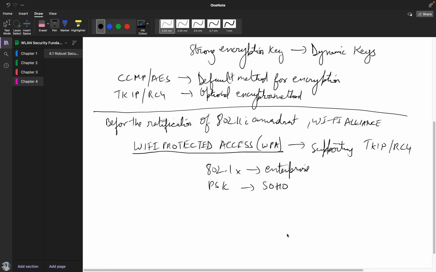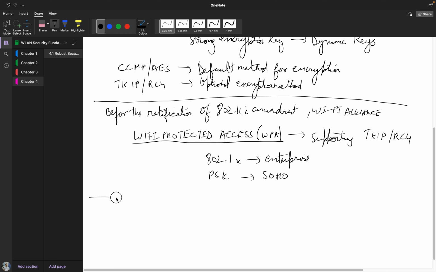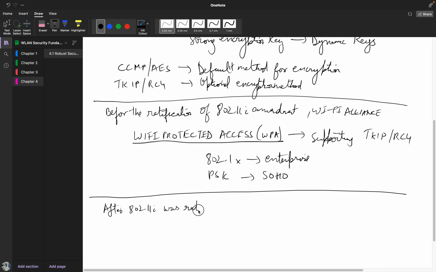Okay. Now this was before the ratification of 802.11i. Once 802.11i was ratified, the Wi-Fi Alliance introduced something called WPA2 certification. WPA2 is a more complete implementation of the 802.11i amendment, because now we had the entire picture of what 802.11i was all about.